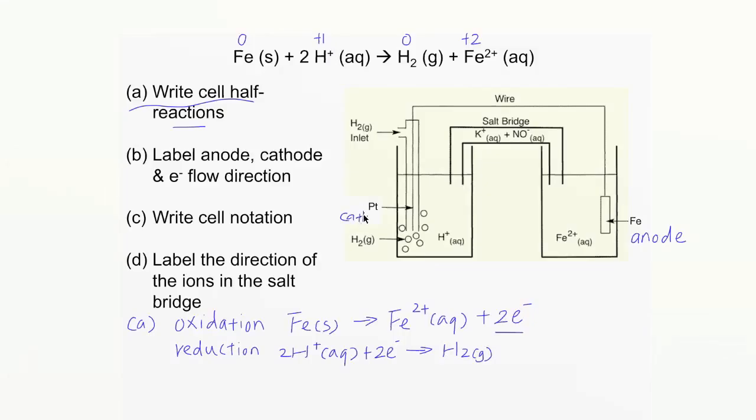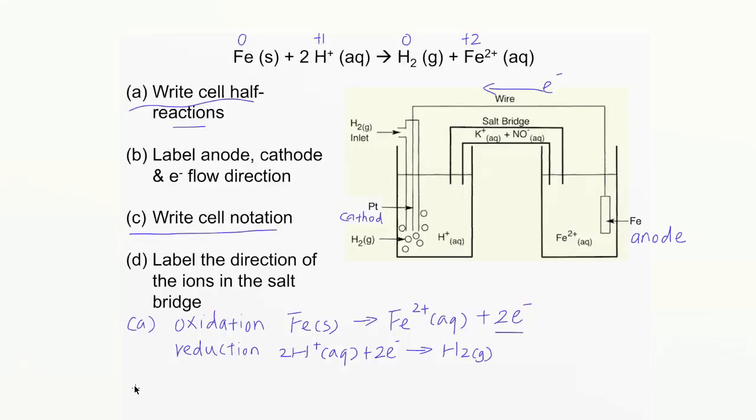Because the electrodes have to be solid. Okay, and the electron flow direction is from anode to cathode. So on the wire, electrons go from your right side to left side.